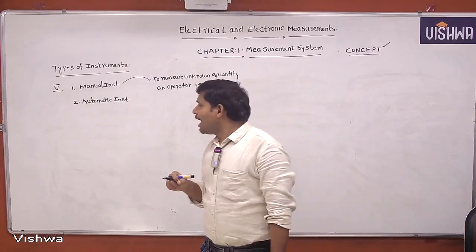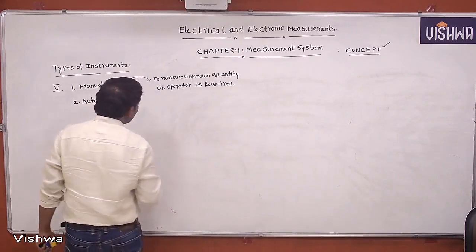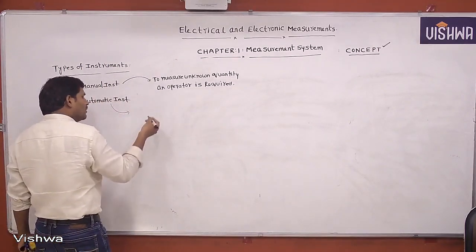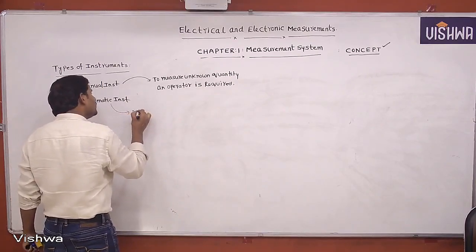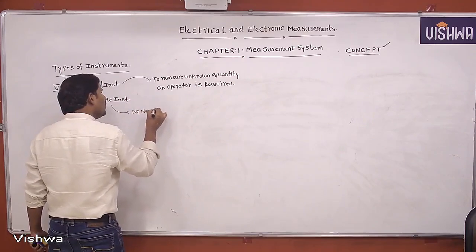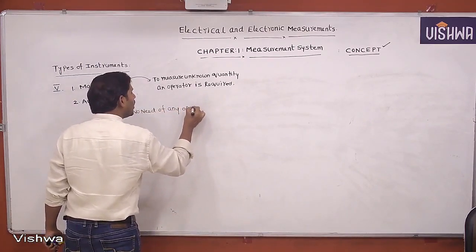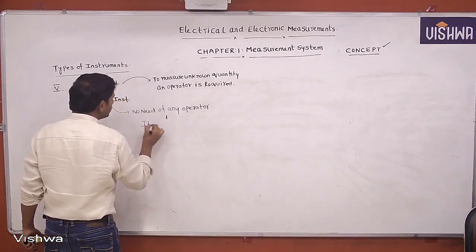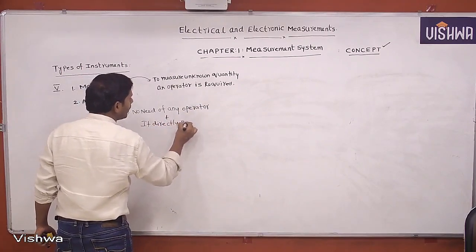But automatic instrument means to measure unknown quantity, it indicates directly, no need of any operator, and it directly gives the unknown value.